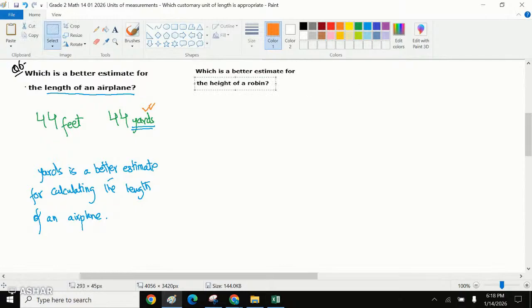We know it's a kind of bird, and the two options we are given are 10 feet or 10 inches. Can a bird other than an ostrich, maybe twice, can there be any other bird that is twice your height?